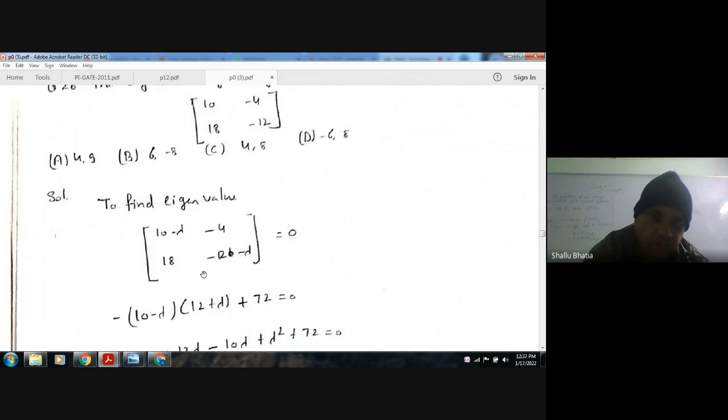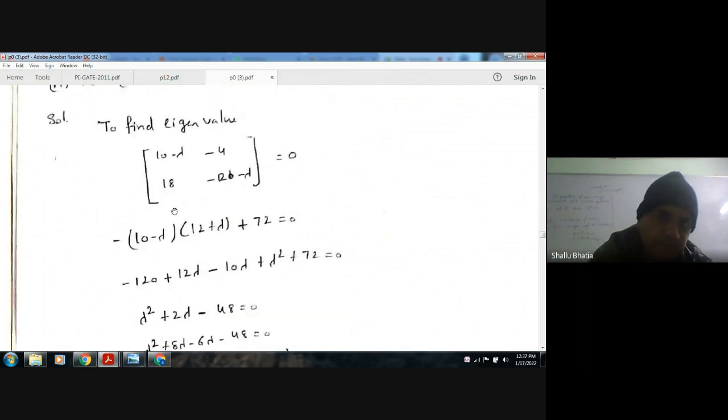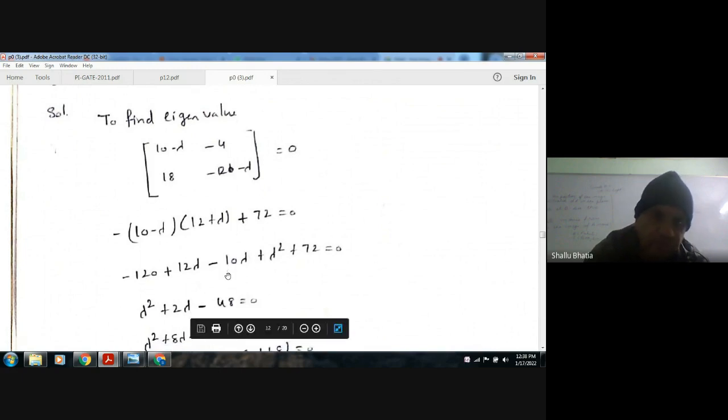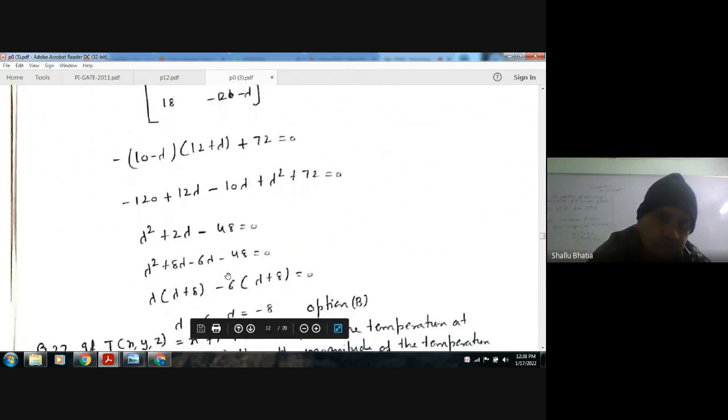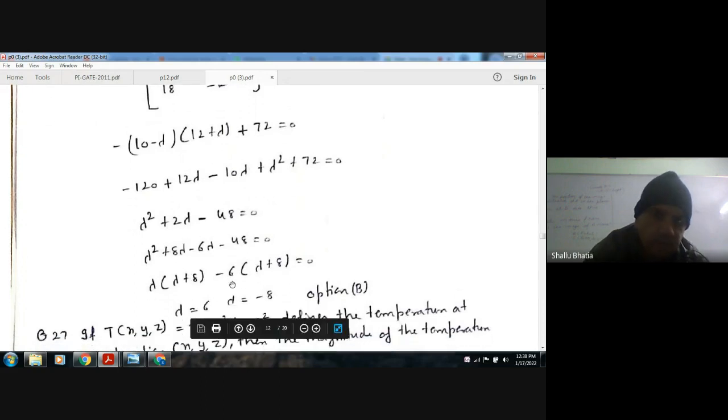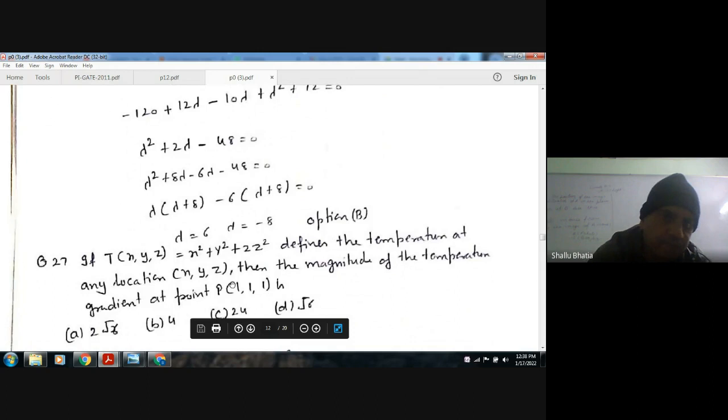So 10 minus lambda, minus 4, 18, minus 12 minus lambda. Solve the product and subtract the other product, which leads to 72. Solving this quadratic equation, we get lambda as 6 and minus 8. So the answer is B.